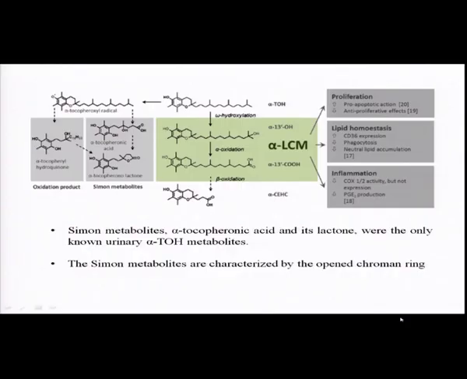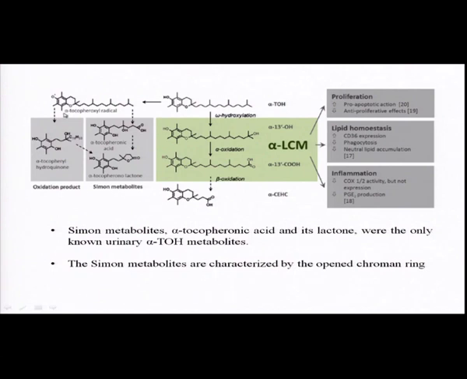Now this is one picture which explains how tocopherol is ultimately metabolized and eliminated from our body. So you see there the alpha tocopheryl radical, which is basically alpha tocopheryl hydroquinone.